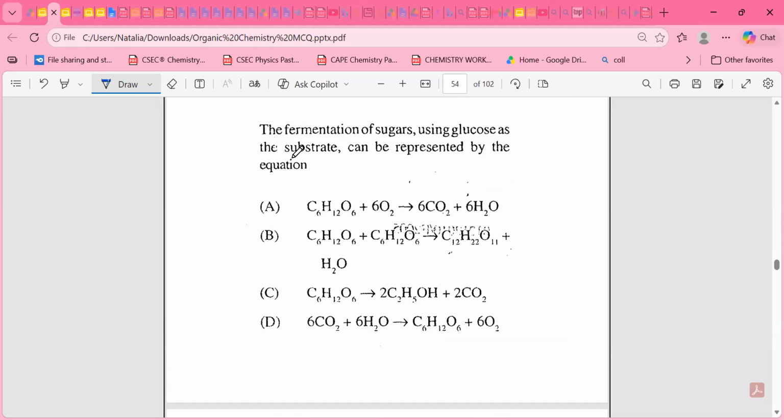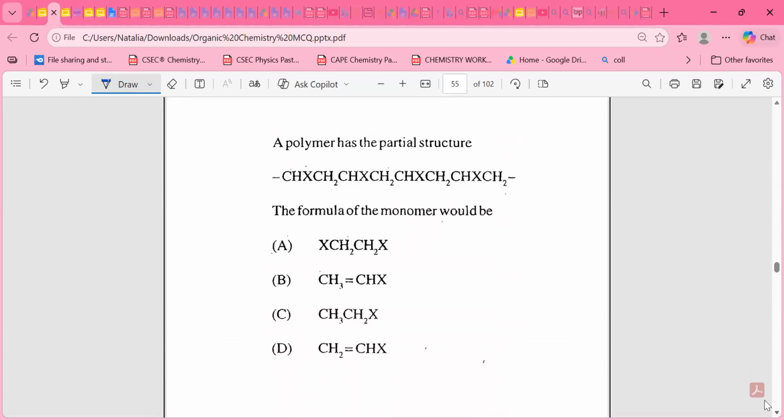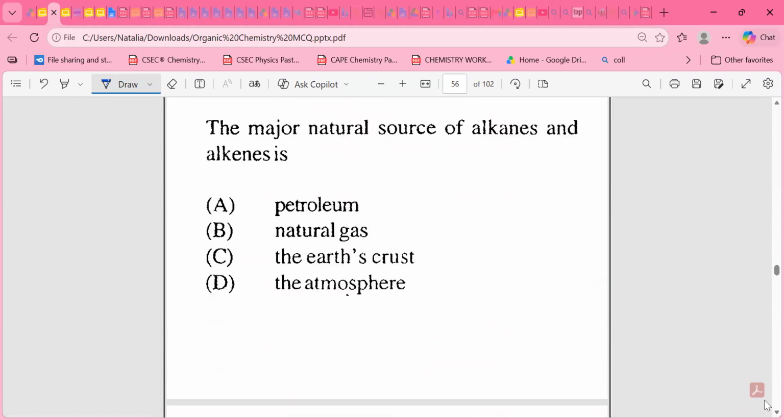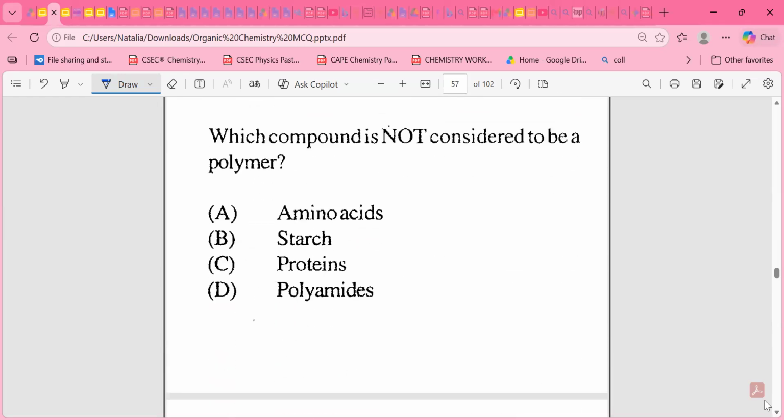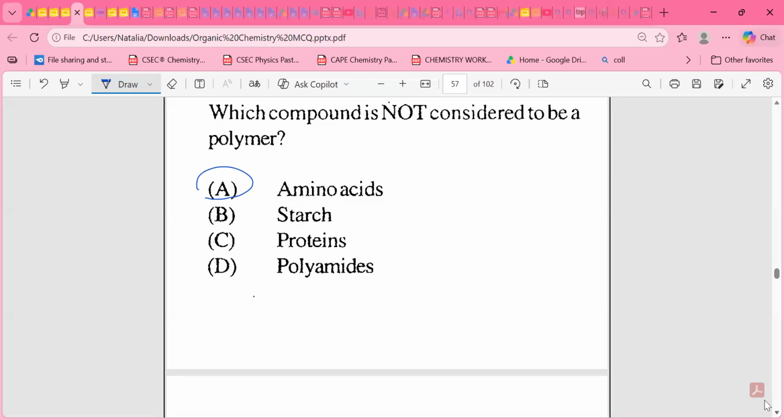Miss, B. Which compound is not considered a polymer? Amino acid is not considered a polymer.